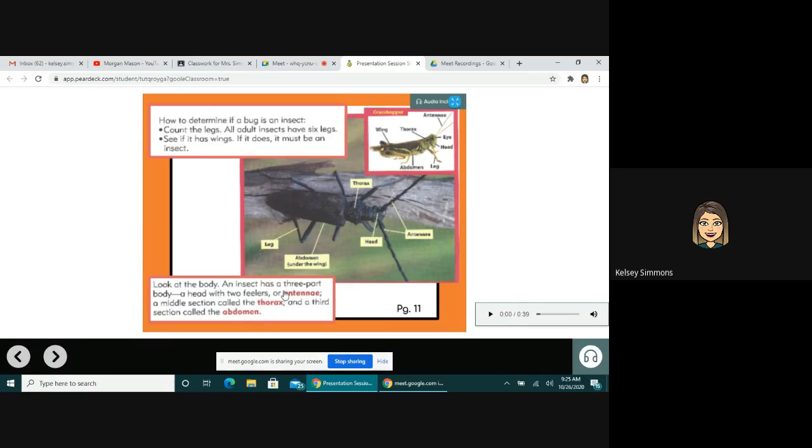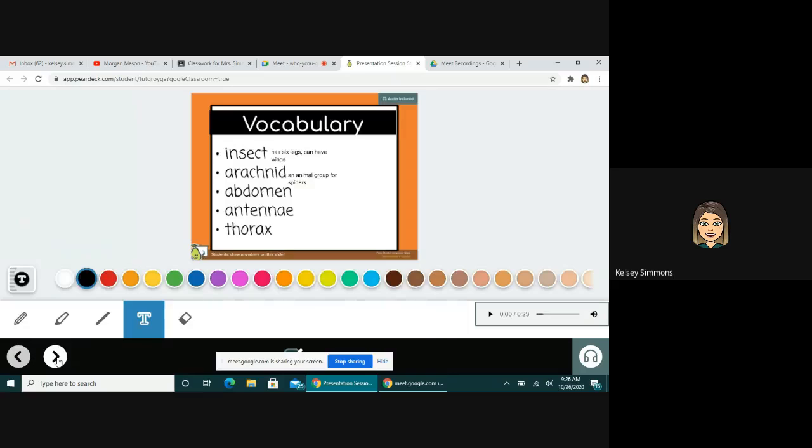So, antennae, it says a head with two feelers or antennae. So I would find that definition, come back to our vocabulary slide, click on our text, and then I can type the definition. I would like you to do that on your own slide so that I can come back and check to see if you understand how these guide words work and what abdomen, antennae, and thorax are.